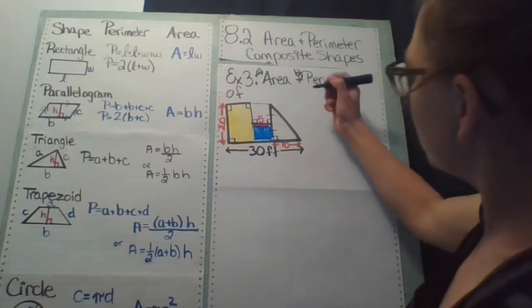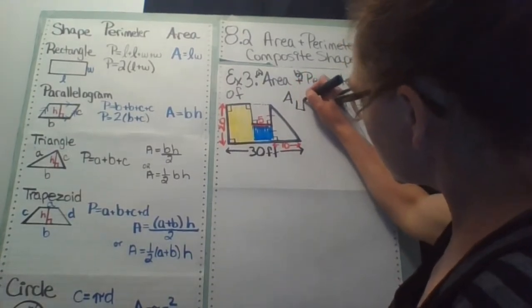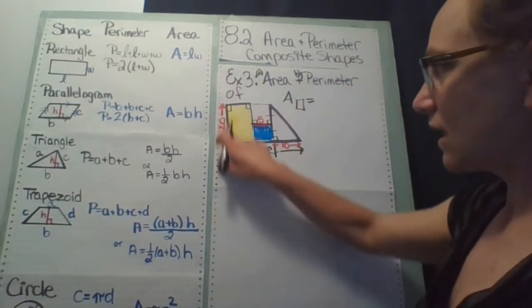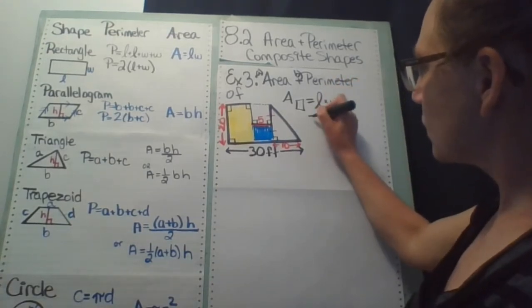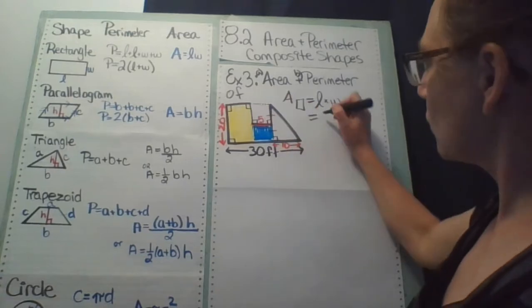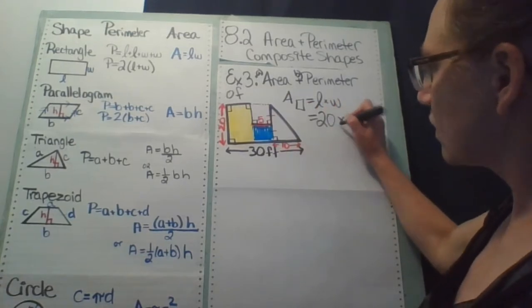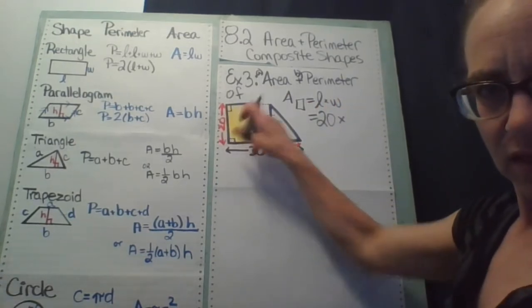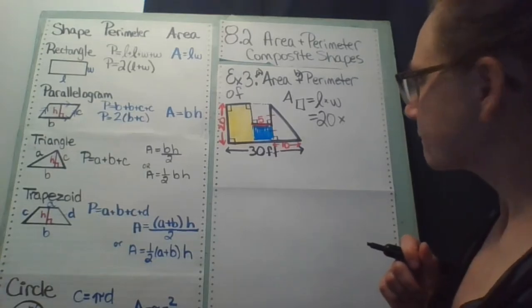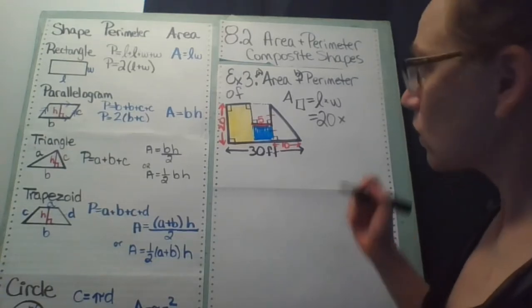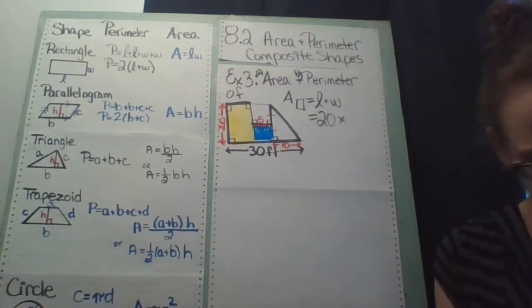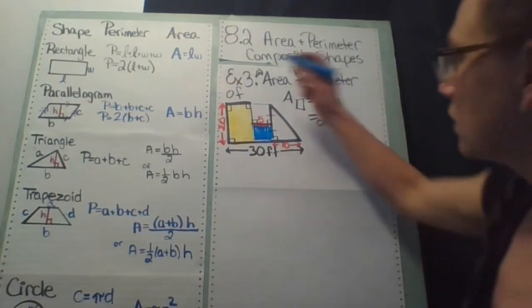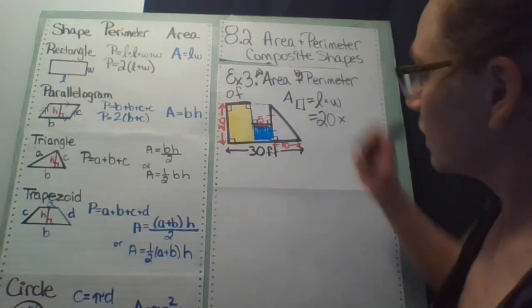So the area of my big rectangle, well, that's just length times width, right? In this case, I have a length of 20. But what's my width? Well, this width up here, that's my width up here.